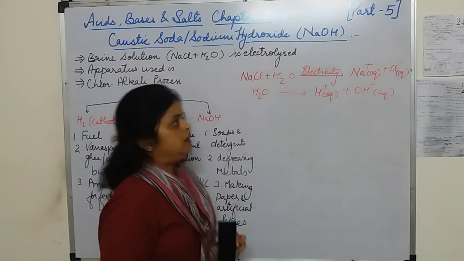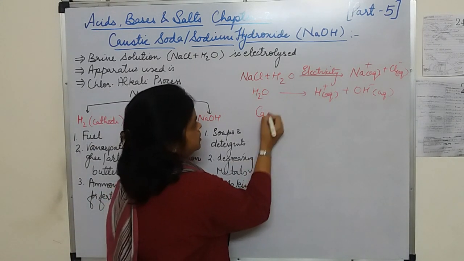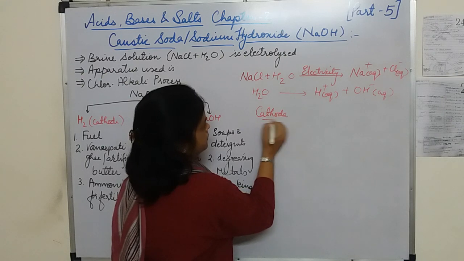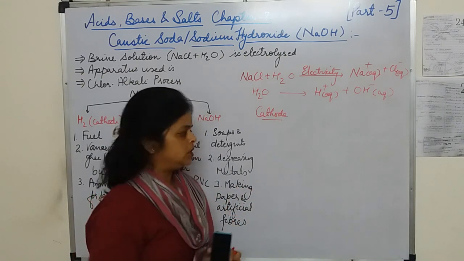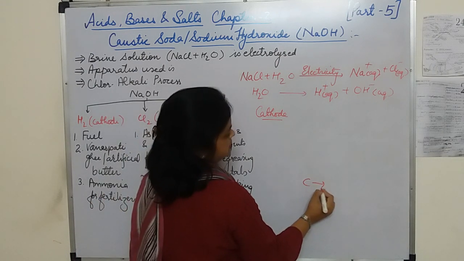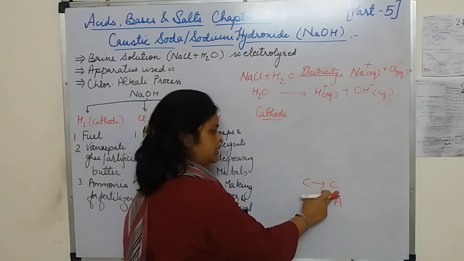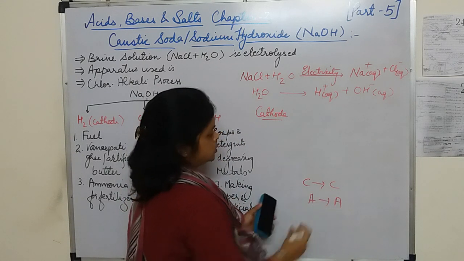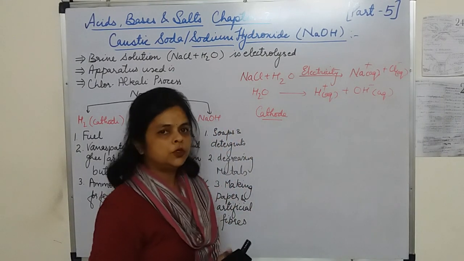Now when we have the ions in the solution, they reach the cathode and anode. You should remember, cation goes to cathode, anion goes to anode. Here we have two cations, hydrogen and sodium ion.